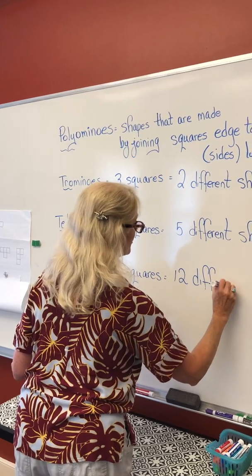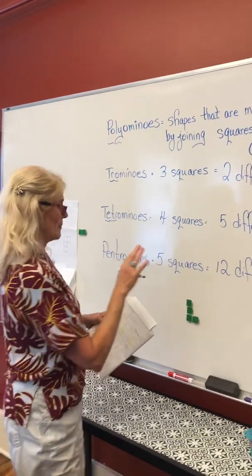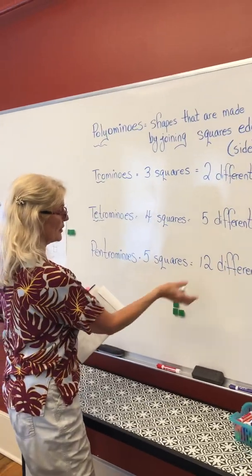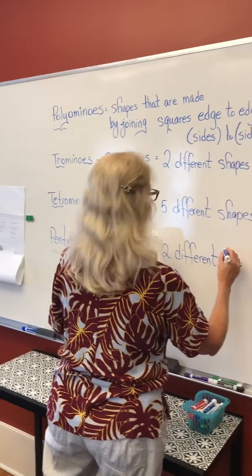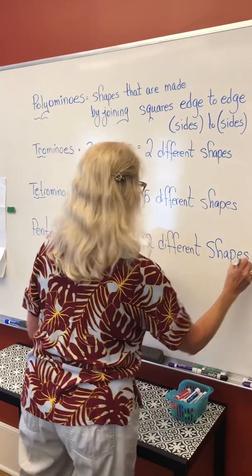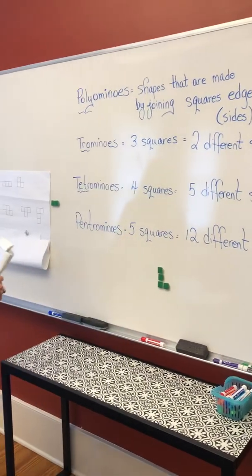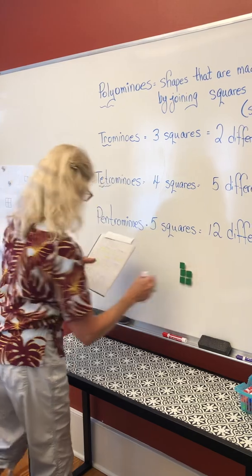Now this is difficult because you will think you have many more. But you have to remember each shape can be different in space, but it's still going to be the same shape, right? So it's hard to exactly find all of those 12. Let's put one here, all right?